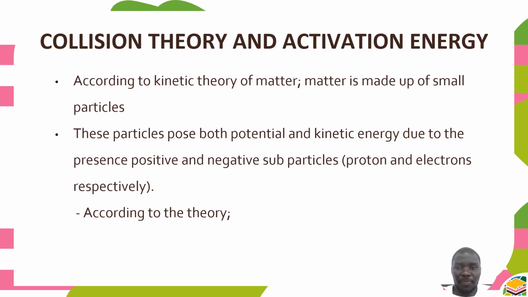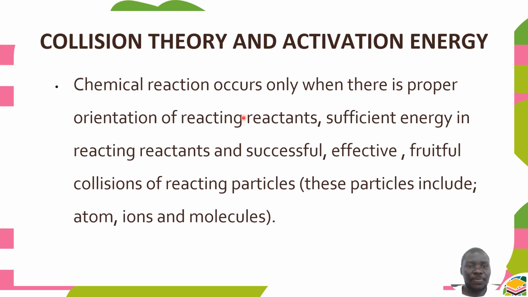So now back to what we want to look at, the theory. According to the theory, chemical reaction occur only when there is proper orientation of reactants, sufficient energy in the reacting reactants, and successful or effective or fruitful collision of reacting particles. That is according to collision theory.